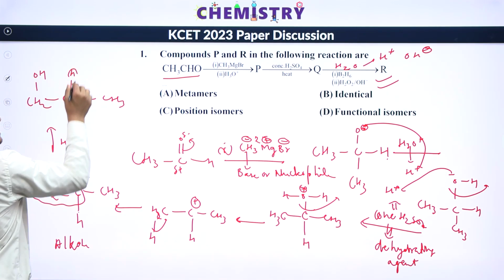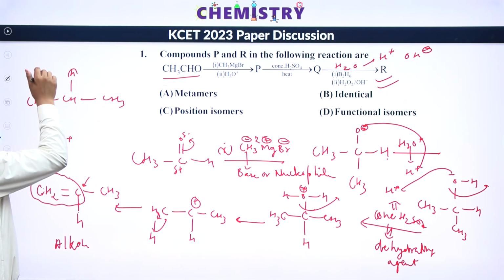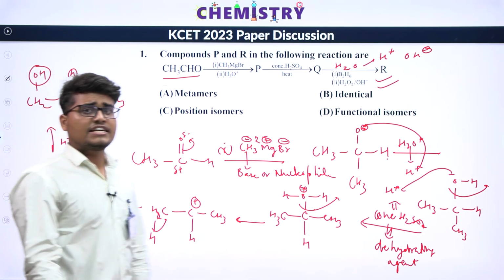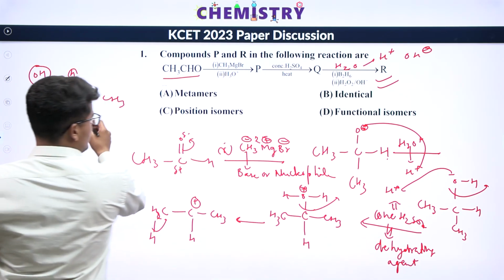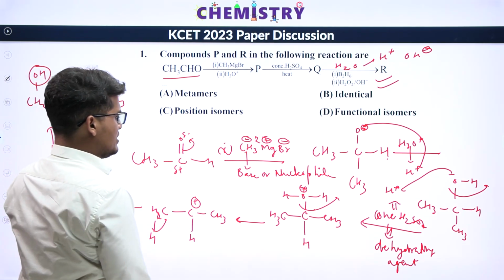H is added on the carbon which has less hydrogen, and OH is added on the carbon which has more hydrogen. That is basically the anti-Markovnikov rule. So this is our R product. And what is our P product?